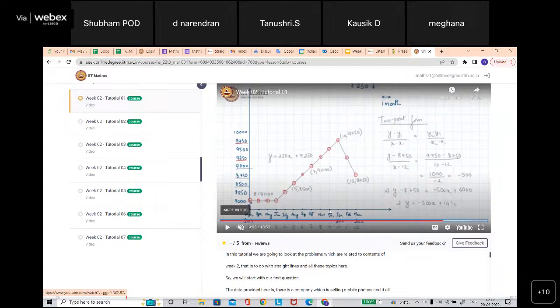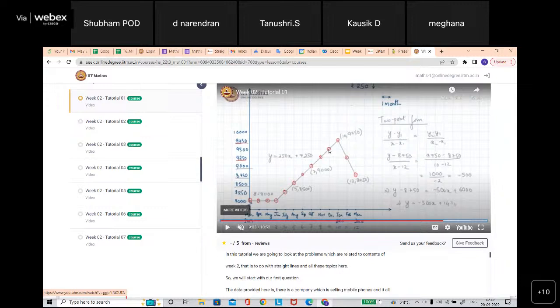For example, for December, what is written in the equation is 250x minus 7750. That is the equation of the line. Correct, no, sir? Y is equal to 250x plus 7250. Okay, 750.